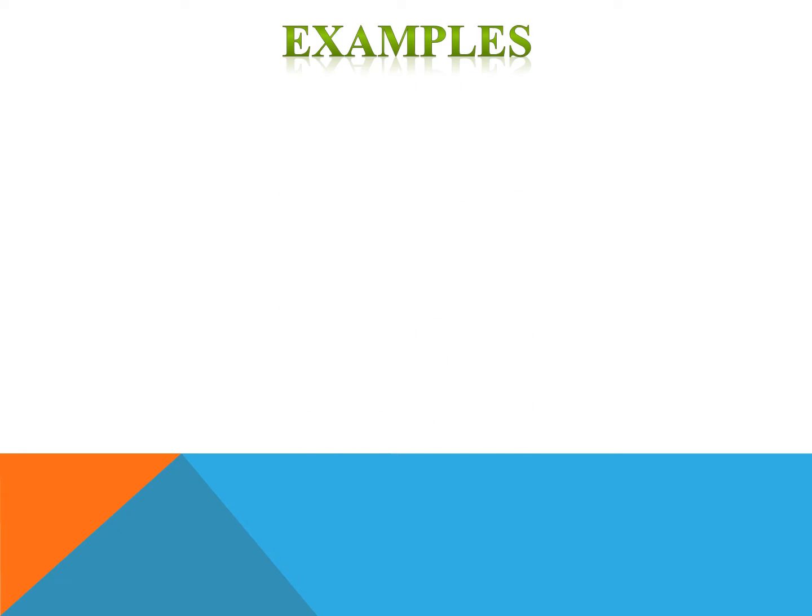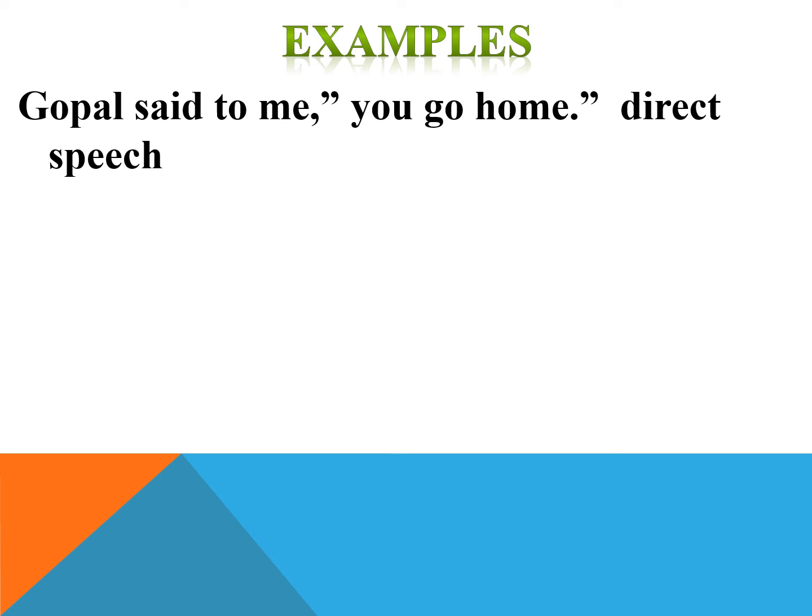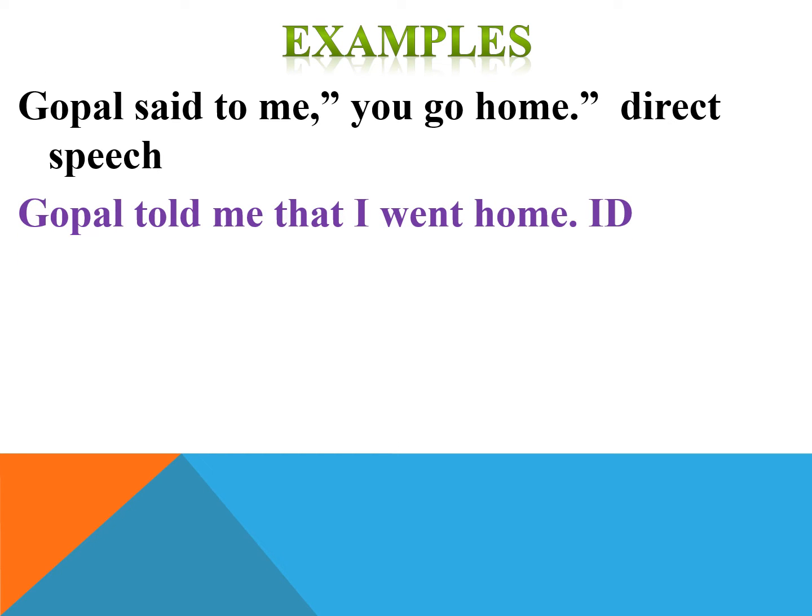Okay, dear students, some more examples. Gopal said to me, "You go home." Now, how do we change it? Gopal said to. If "said" comes with "to", then we change this into "told".